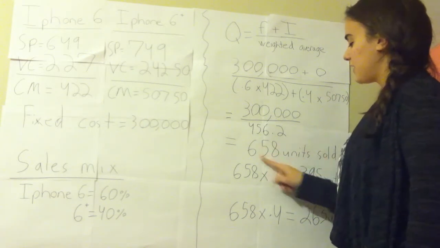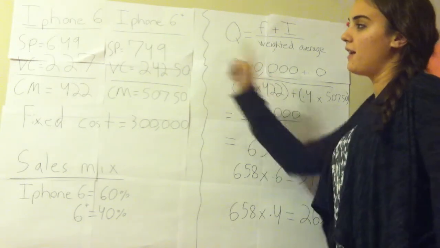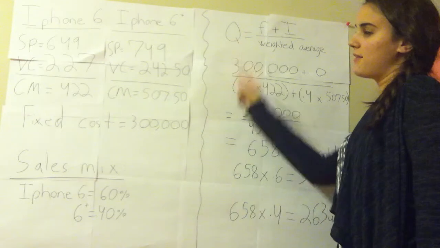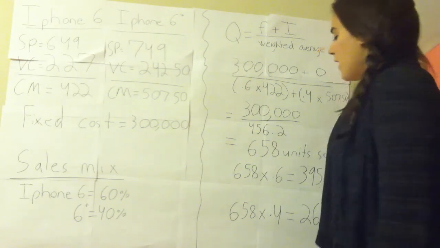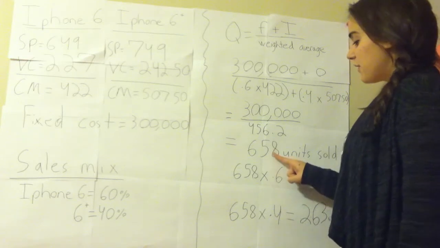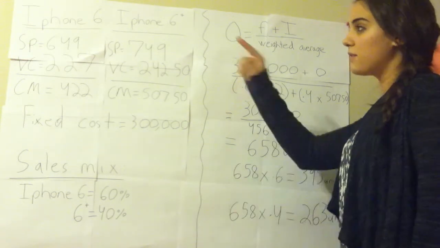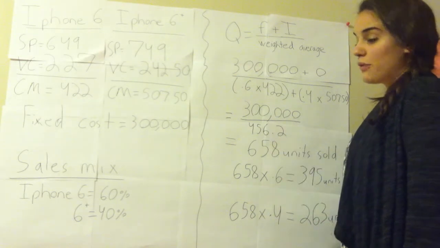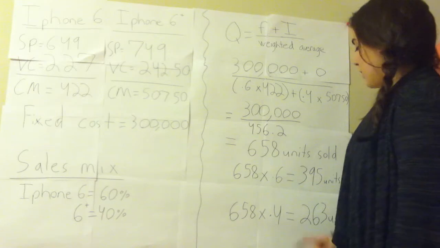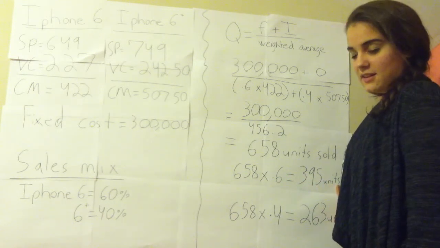Then, after getting the 658 units sold, you have to figure out how many of the iPhone 6s it was and how many of the 6 Pluses it was in order to break even. So, you take the 658 times the 0.6 sales mix of the iPhone 6 in order to find the units sold for iPhone 6s, which equals 395 units.